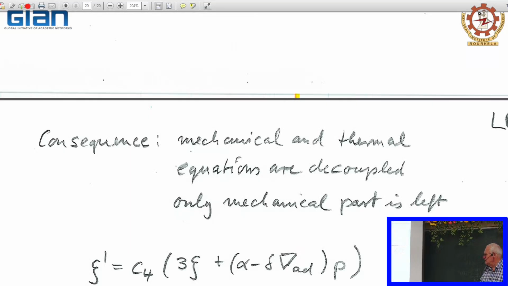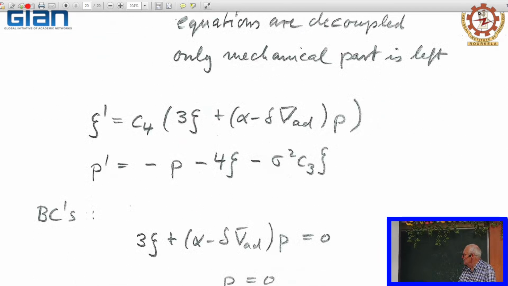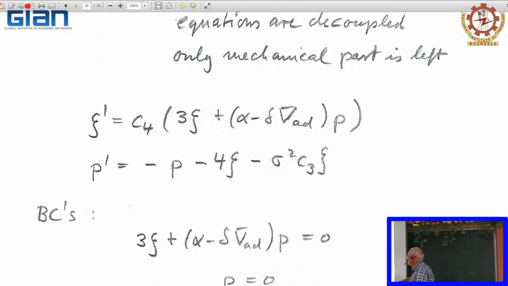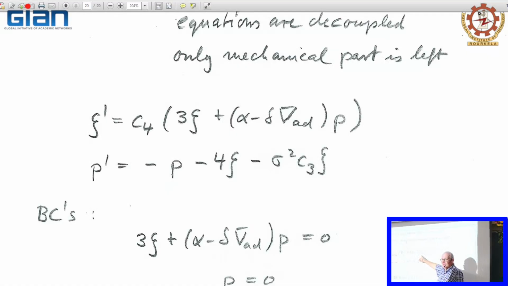The first one is the mass conservation, where we have replaced the temperature by nabla adiabatic times P. And the second one is unchanged, which is the momentum conservation, containing the remaining place where the eigenfrequency sigma appears. This is the acceleration term. So we are left with a second order system once we require adiabatic changes of state.